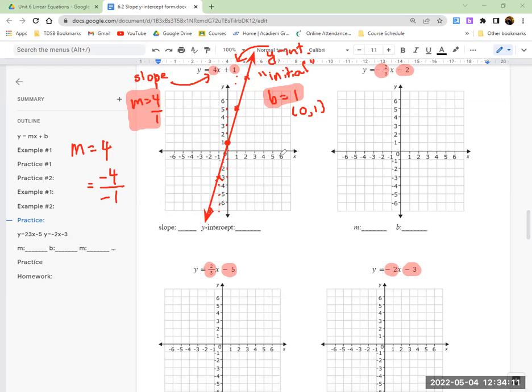I would rather you actually do these 4 graphs very quickly before we talk about the next section, which is this thing called vertical versus horizontal lines. Don't worry about that. We'll have to do some quizzes first. So the other 3, please try it. I'm going to give you like 30 seconds for both. Try to finish this in 2 minutes. I'm going to come around to make sure that you're good.